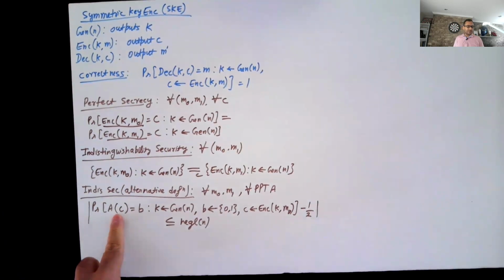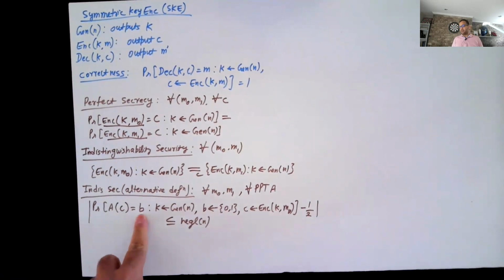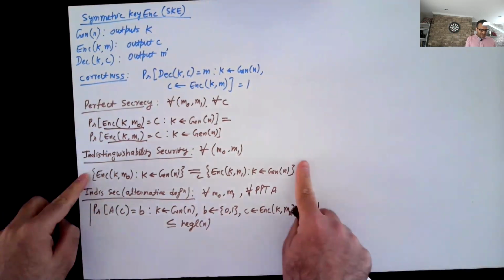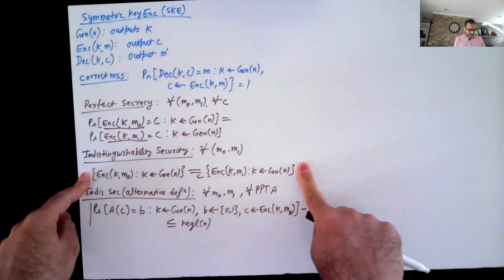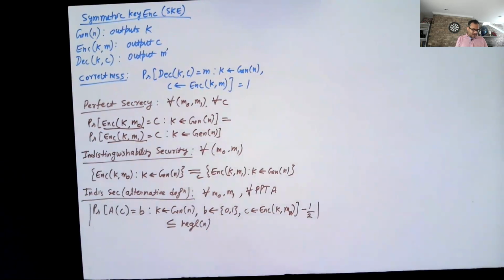The adversary sees the ciphertext and the goal of the adversary is to guess the message. Okay. And maybe what you're saying is might be more true for this definition, but even in this definition, right, you see one ciphertext and you have to guess which message it is coming from. Okay.